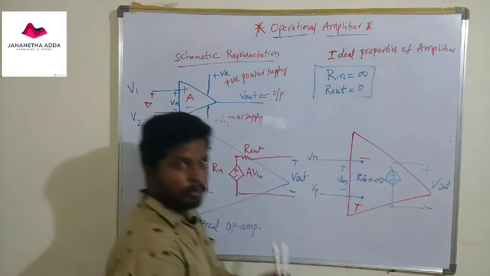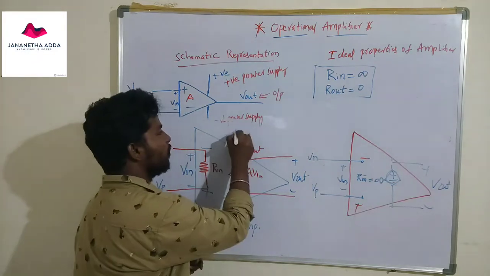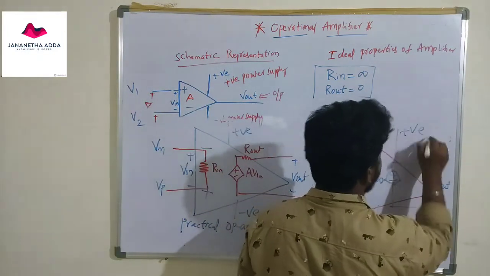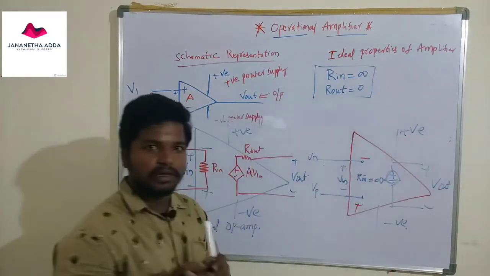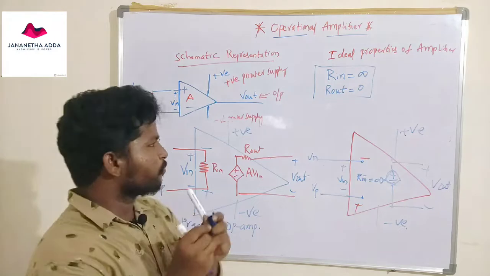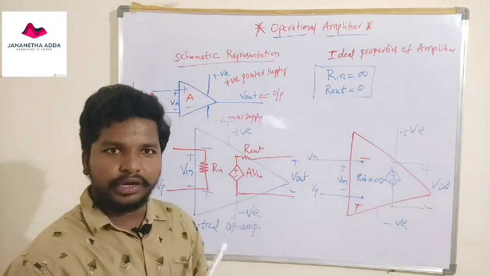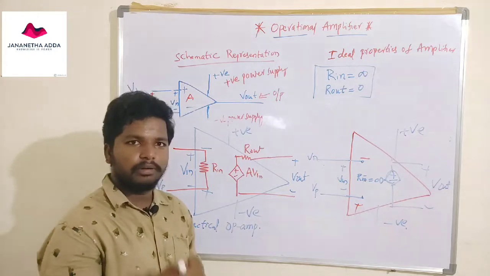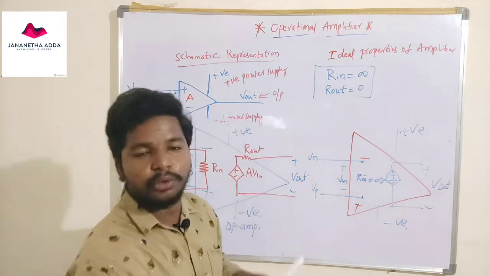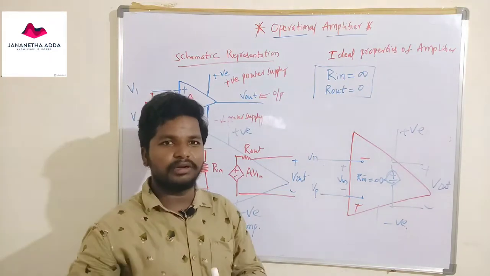In both cases we have to assume that there are positive and negative power supplies. Why do we require two power supplies? To act as an amplifier, if I provide a 1 millivolt input signal, it has to provide 1 volt. It is not a generator of power.